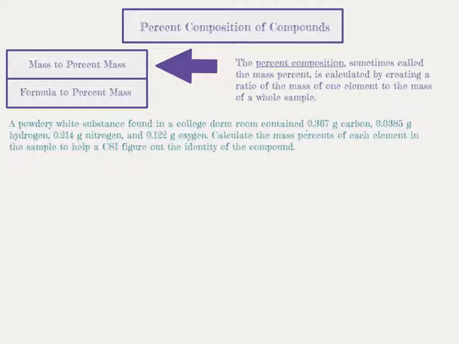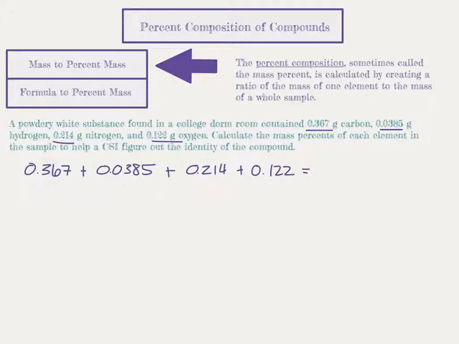We have 4 different numbers that we can use to add up the total mass of the sample. In my calculator, I got 0.7415, but since we're going to be using significant figure rules, I'll round that to 0.742 grams for our total sample.